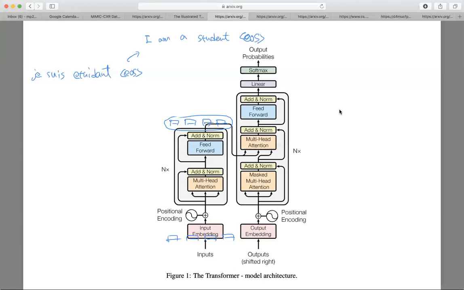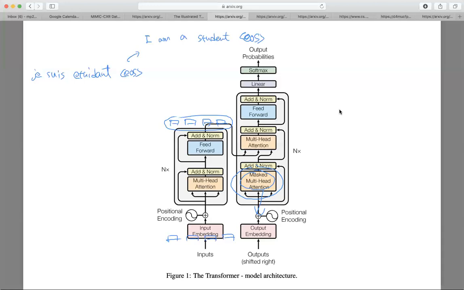All right. So when you're autoregressively generating one English word at a time, there are certain limitations that you need to enforce upon the self-attention process here. There are two self-attention processes in the decoder. There's one masked multi-head attention here, which only works on the input of the decoder.